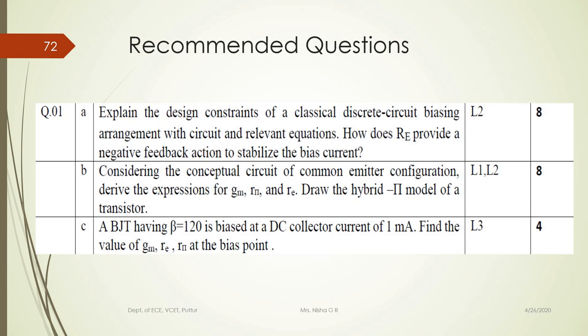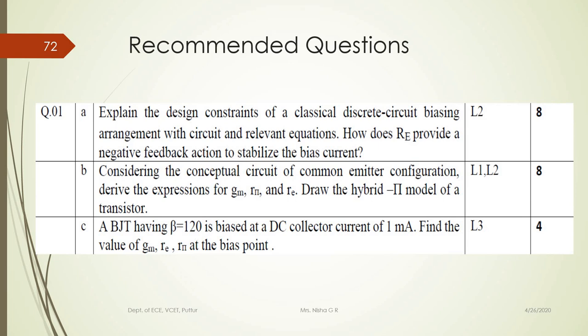Then how to obtain the emitter current and the input resistance with respect to the emitter, the collector current and the transconductance GM, then the base current and the input resistance with respect to the base, and then we calculated the voltage gain.